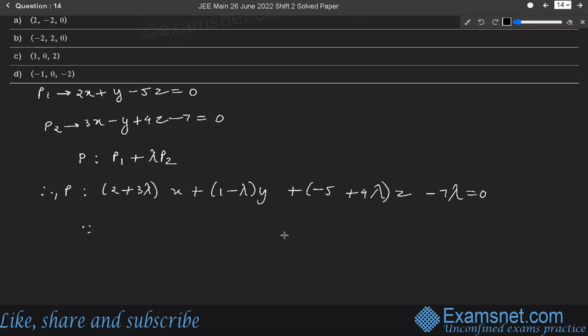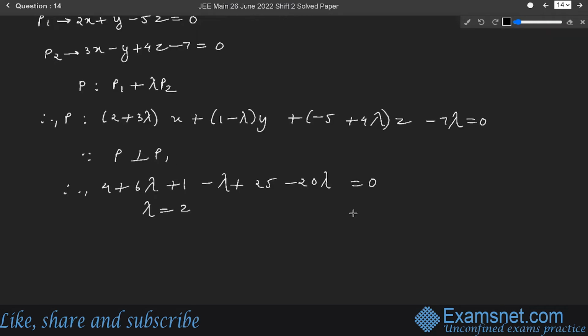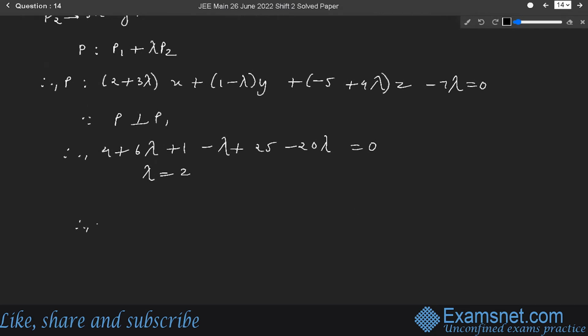Since we know that P is perpendicular to P1, therefore 4 plus 6 lambda plus 1 minus lambda plus 25 minus 20 lambda will be equal to 0. So lambda will be equal to 2. Therefore, we can say that P is such that 8x minus y plus 3z minus 14 is equal to 0.